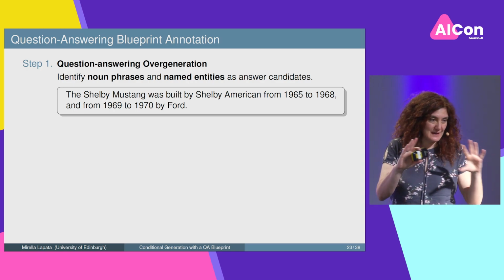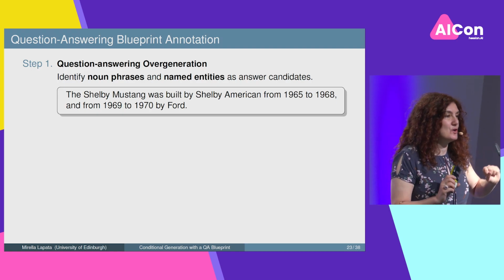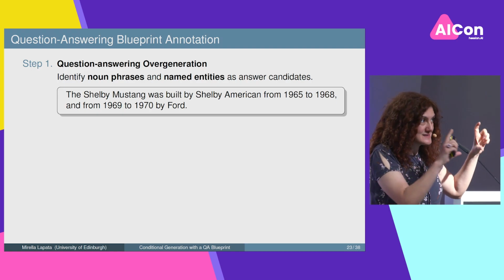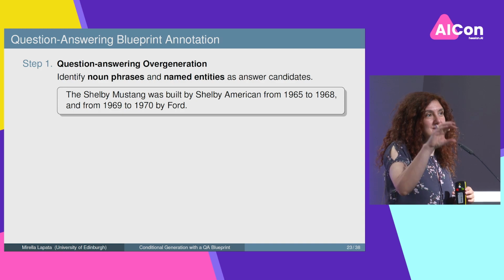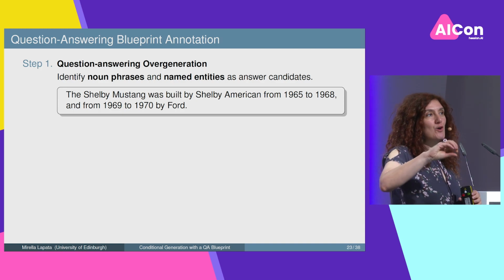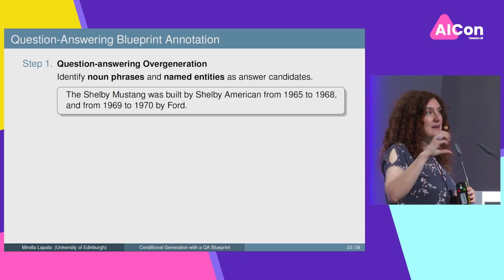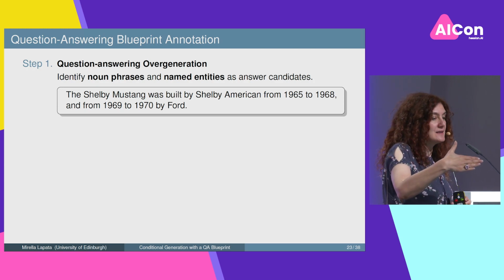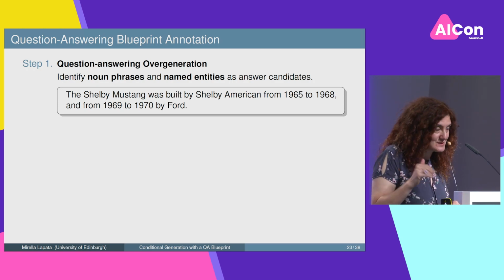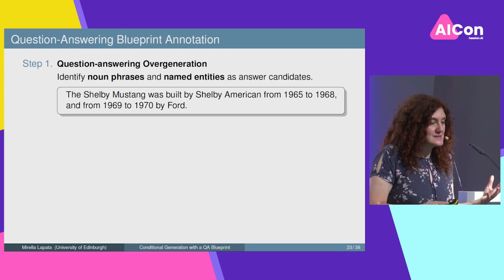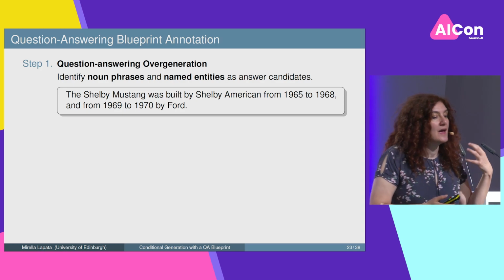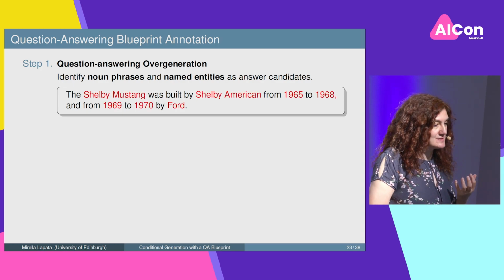for a toy example. So the data sets have input-output pairs. In our case, the outputs are these summaries or long-form answers. So we will take these summaries, and let's say we take a sentence from the summary, and from this sentence, we will identify noun phrases and named entities.